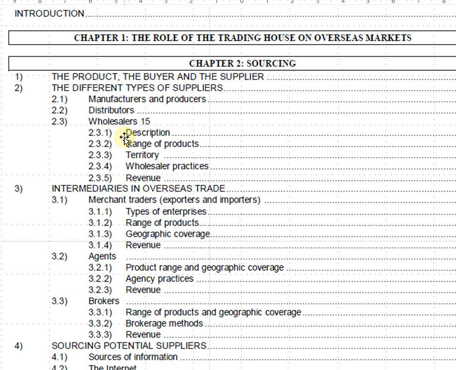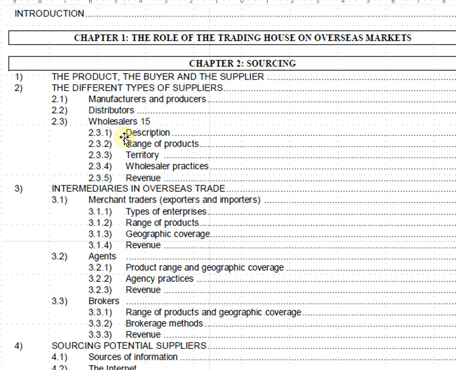First, merchant traders, export and import merchant traders, where we will learn the types of enterprises, ranges of product, geographic coverage, and revenues.